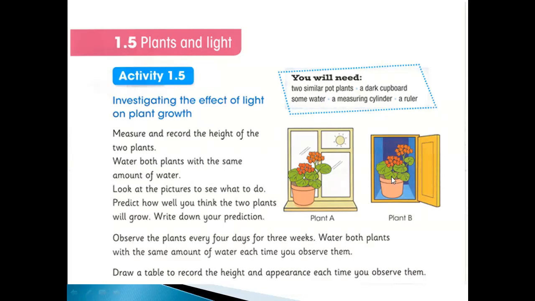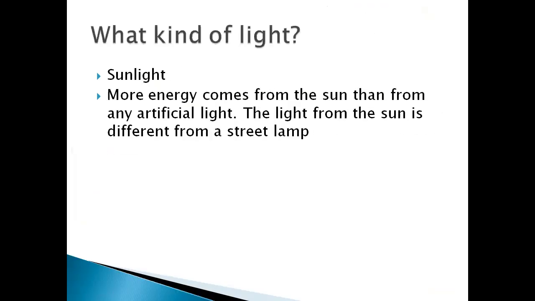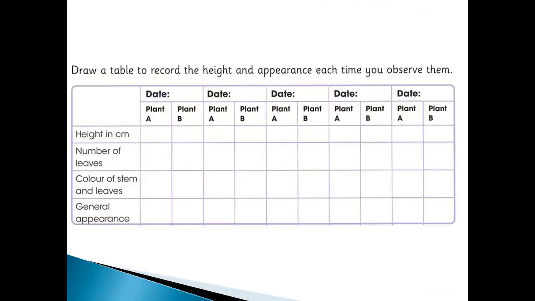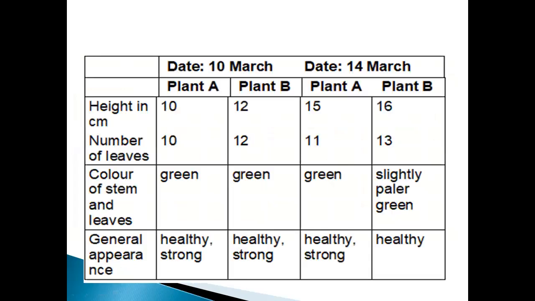After this, we want to make a table. What happened after 4 days for 3 weeks? You should write the date, each date after 4 days. You need to write height, number of leaves, color of stem and leaves, and the general appearance. So let's start.